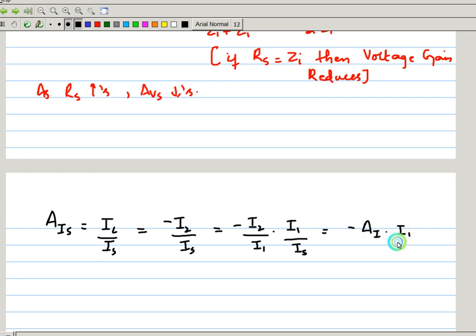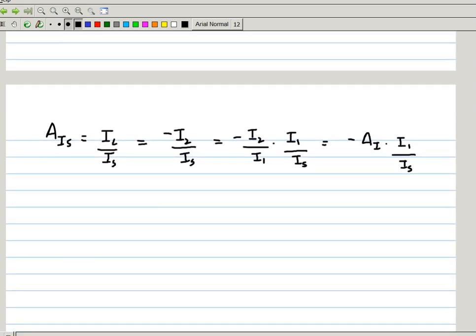into I1 upon Is. Now I1 is in the input part of the circuit, and Is is also in the input part. It is the source current. Now, in order to find out I1 by Is, we have to replace the input circuit by the Norton's equivalent, that is using the Norton's theorem.